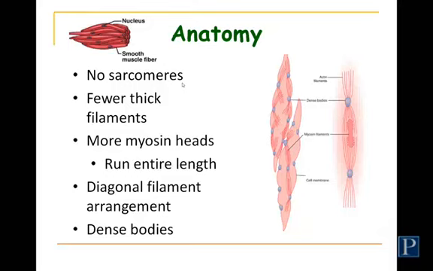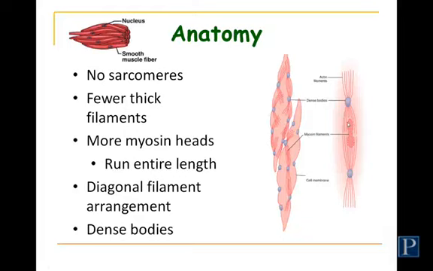There's a difference in the numbers of thick filaments. They have much fewer thick filaments than thin, but what's interesting is they have a lot more myosin heads. It's a weird depiction of it, but the myosin heads go along the entire length of the thick filament. Remember, the thick filament is myosin, the thin filaments are the actin.